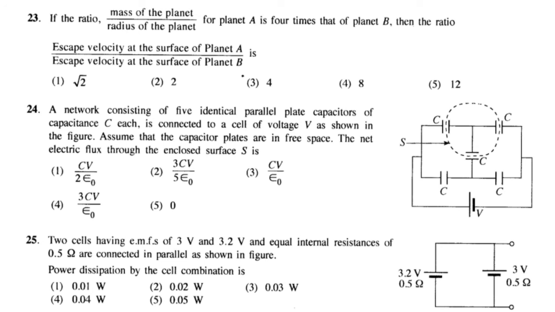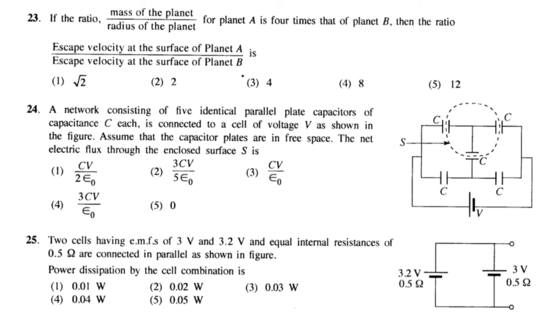Question number 25. Two cells are connected in parallel. Each cell has an internal resistance of 0.5. They are asking for the power dissipation by the cell combination. We mark the current through the circuit as capital I and then use Kirchhoff's second law clockwise. Then we can write 0.5 into I plus 0.5 into I equal 3.2 minus 3.